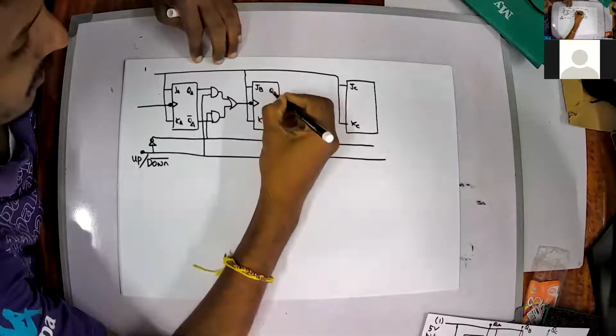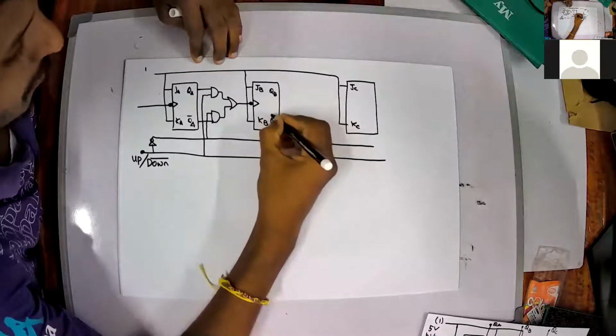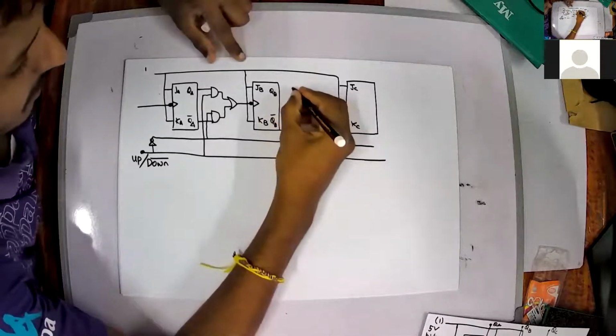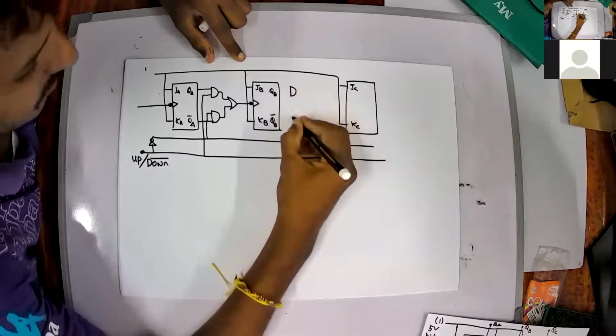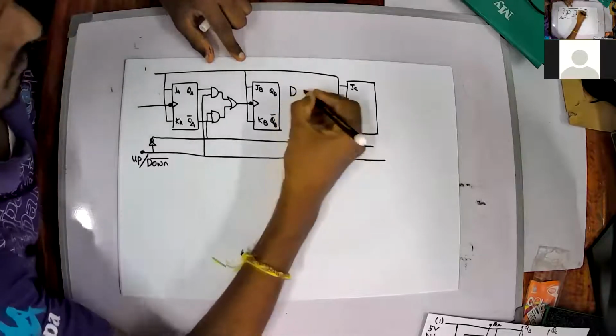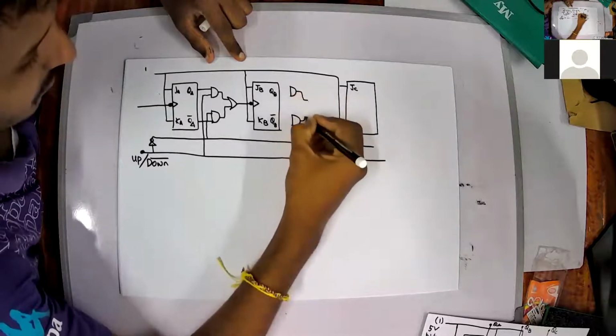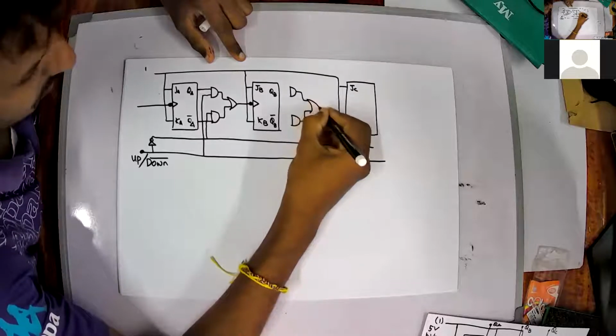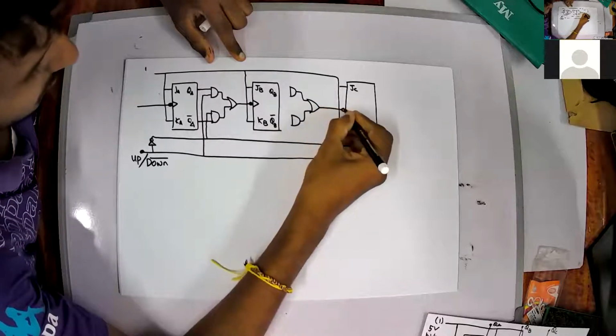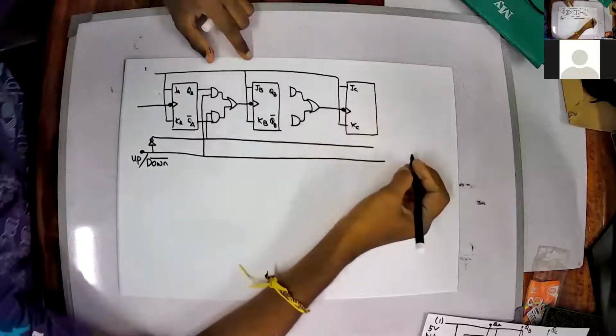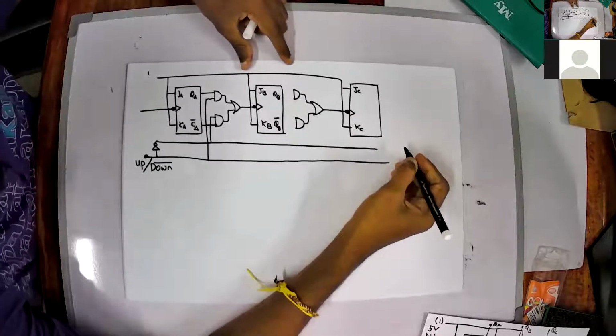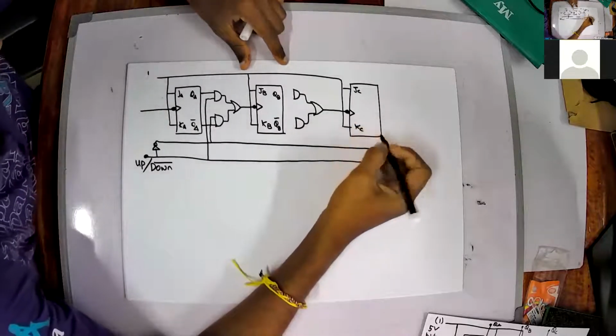So QB and QB bar. I can draw a negative edge triggering flip-flop.